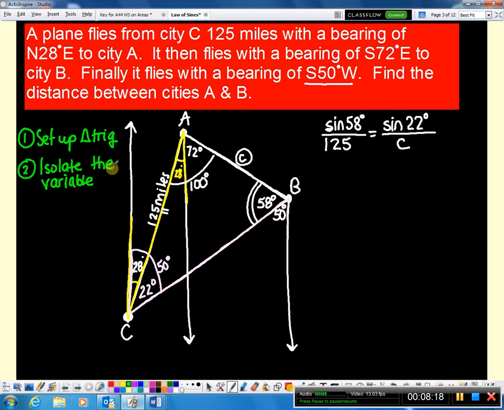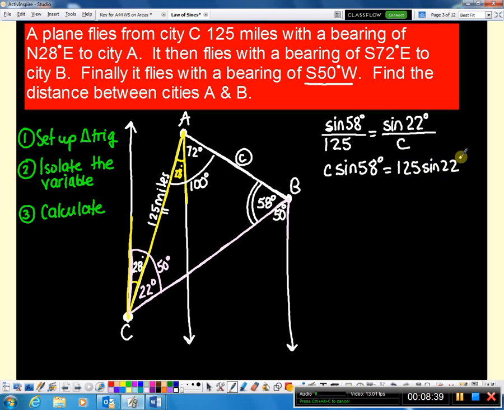And then 3, that's when you actually can use your calculator to calculate. So what I would do is, since I've already set it up, I need to isolate. Now you can do this in 2 steps. Cross multiply, get c times sine 58 is 125 times sine 22.